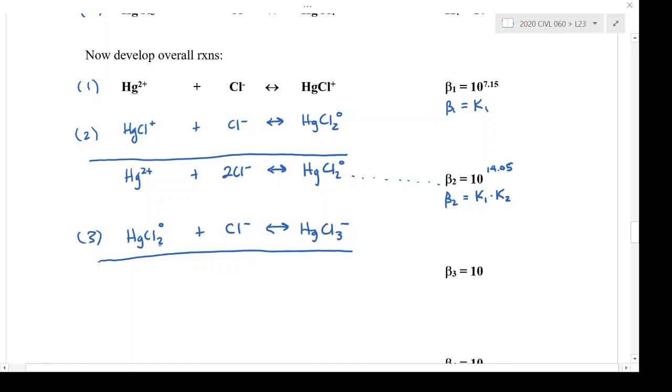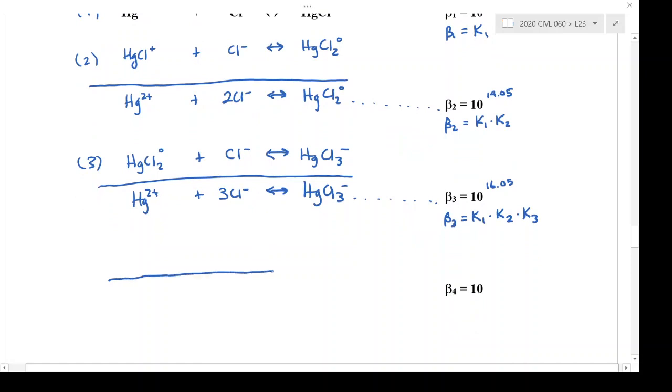Again, HgCl2 is on both sides of the reaction, so that's going to cancel out, and I'm left with free mercury ion plus 3 chlorides forms HgCl3 minus. The beta associated with that is going to be the product of K1, K2, and K3, and this gives me 10 to the 16.05. That's our beta 3.